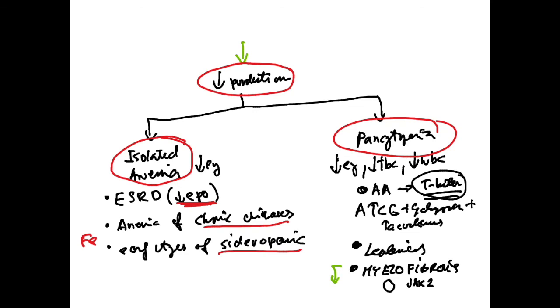On the other side, we got the pancytopenias, so there's a major problem in the bone marrow, and it could be primary, so it could be aplastic anemia, leukemias, or myelofibrosis, and there are other diseases, but if you know at least these three, it's totally fine.